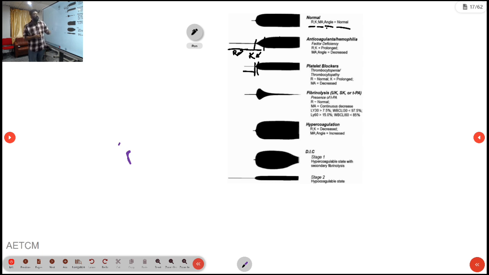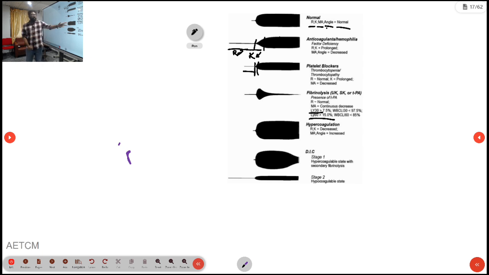Here we can see that the LY30 is more than 7.5% and LY60 is more than 15%. That is the increased lysis; ideally, it should be less than that. This is the condition where we give antifibrinolytics if there are increased bleeding manifestations.